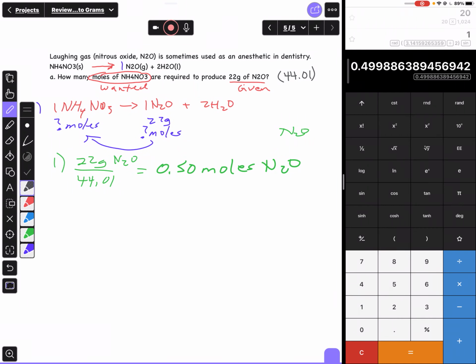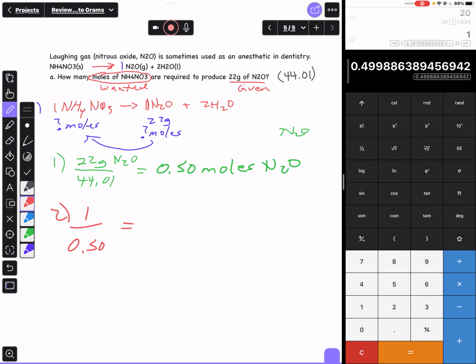My second step is just going to be to go from moles of N2O to moles of NH4NO3. It's a 1-to-1 ratio. So I take the coefficient that's along with N2O, which is 1, put 1 over 0.50 equals what I'm going to. I'm going to NH4NO3.